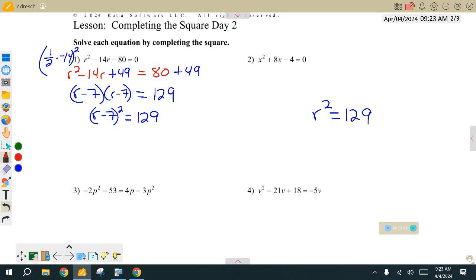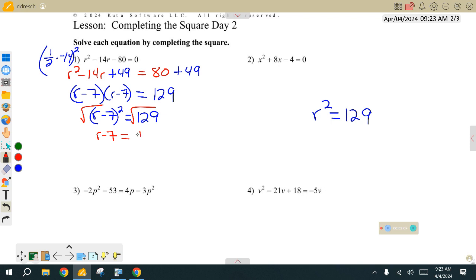How do you get rid of a square? We take the square root of both sides. That's what we have. And when we take the square root of that, that gets rid of the squared, unlocks that r minus 7. And on the right-hand side, you all know how to deal with the square root of 129. Does 129 go anywhere? 129 seems pretty odd there. It doesn't go anywhere.